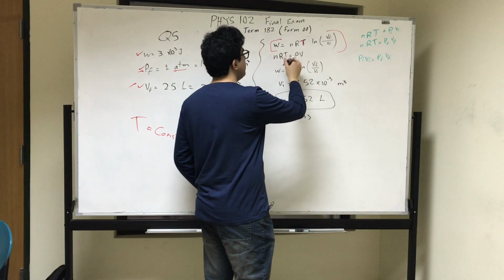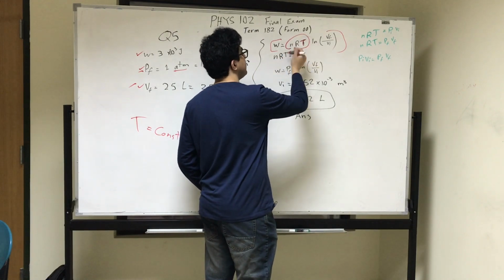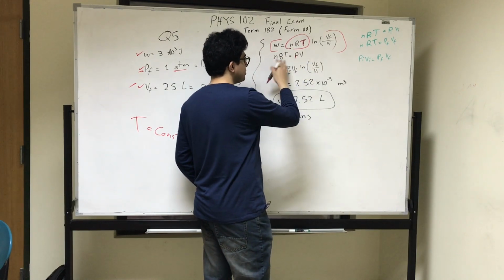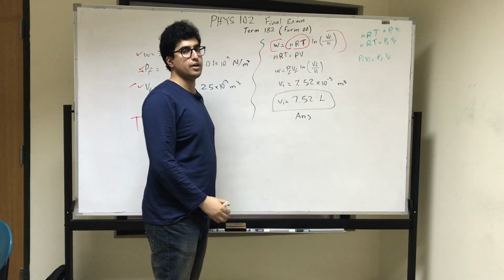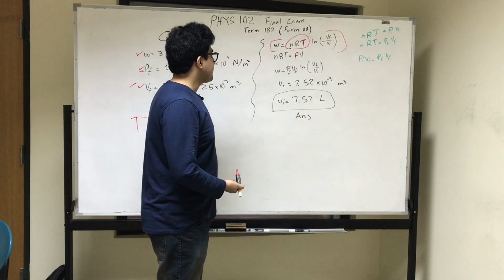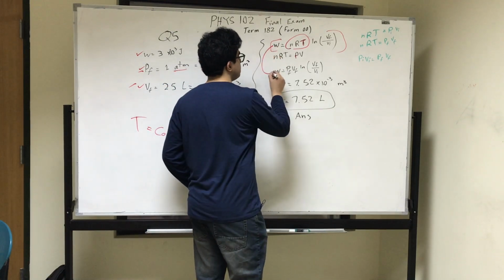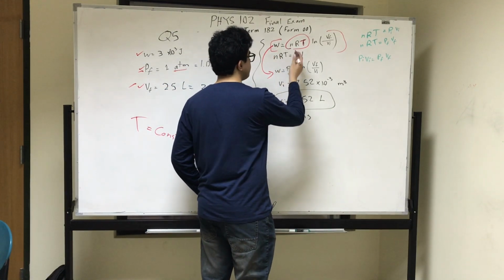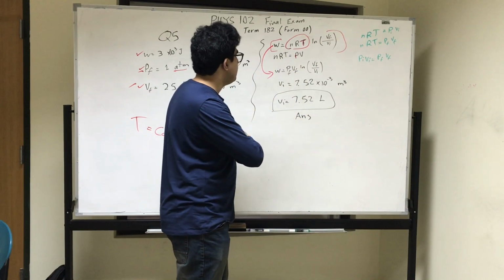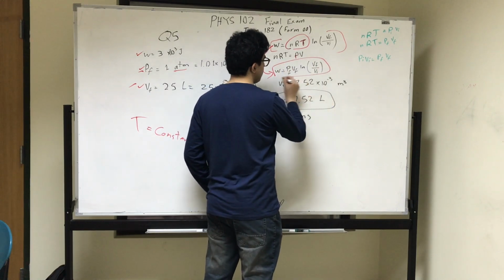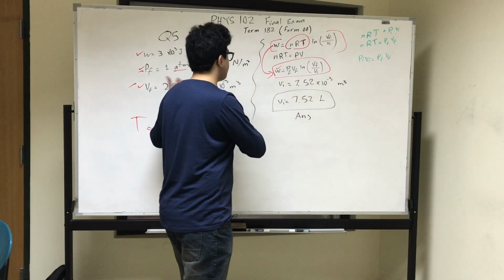We know that this part of the equation, nRT, is equal to pressure times volume. This is also straight out of your formula sheet. So we can rewrite this equation by replacing nRT with pressure times volume. Once we get to this form, we know the work done, which is given in the problem.